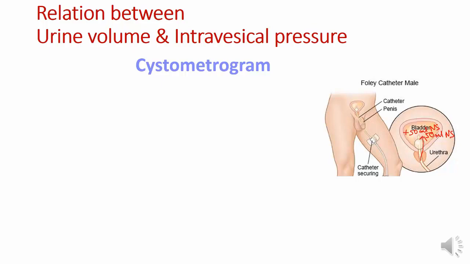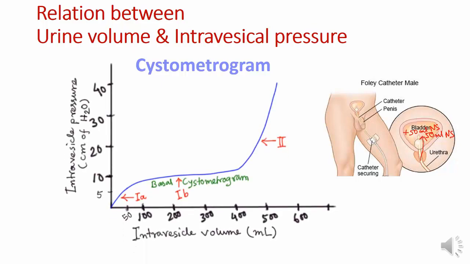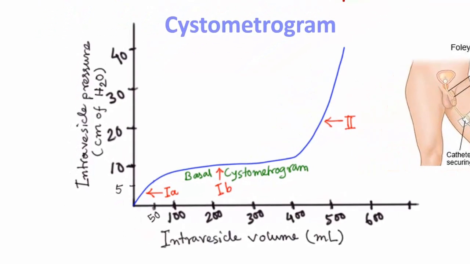Now in the cystometrogram, on the x-axis we get the intravesical volume in ml, and on the y-axis the intravesical pressure, that is in centimeter of water. Remember, it is centimeter of water.